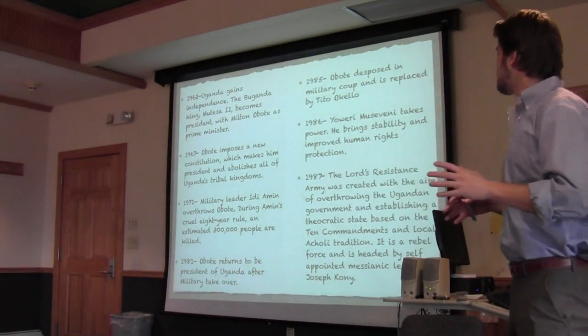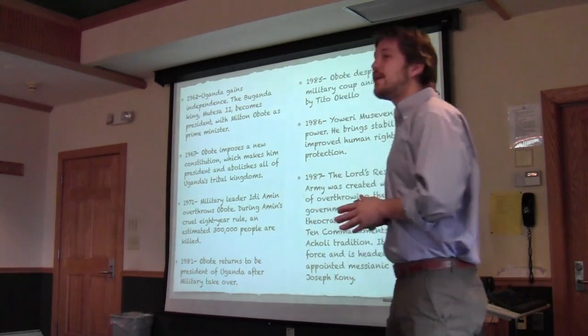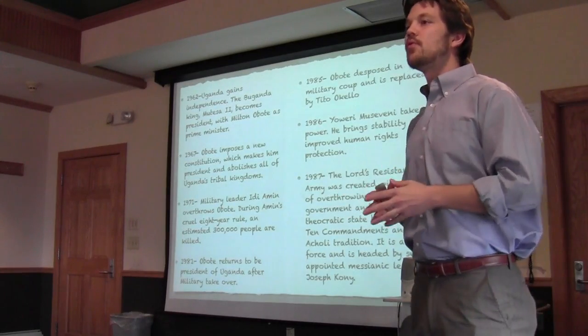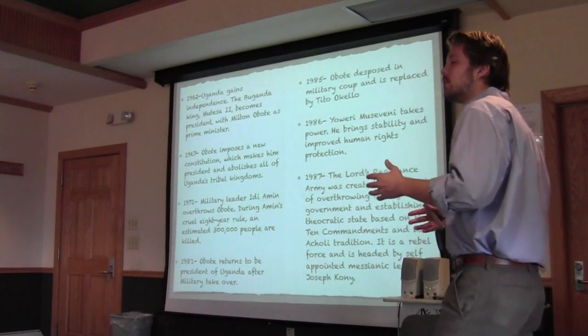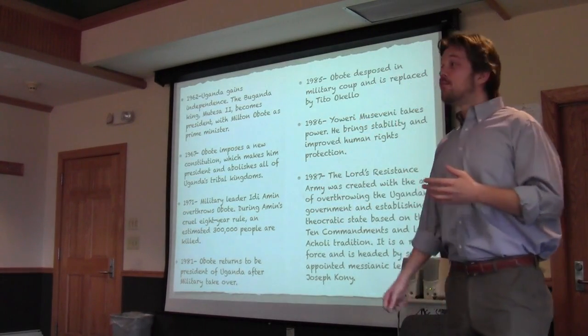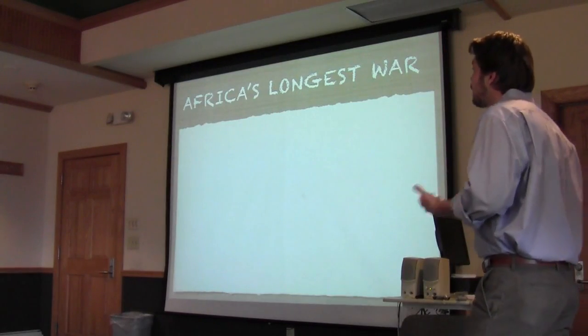Joseph Kony was a very messianic leader, and felt like he was compelled by God to lead this movement and to reestablish Acholi traditions, the northern region traditions. But in doing so, it's been known as Africa's longest war.